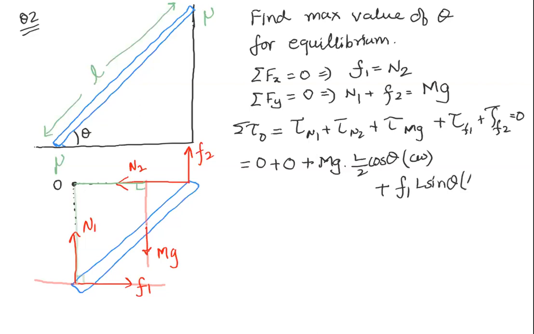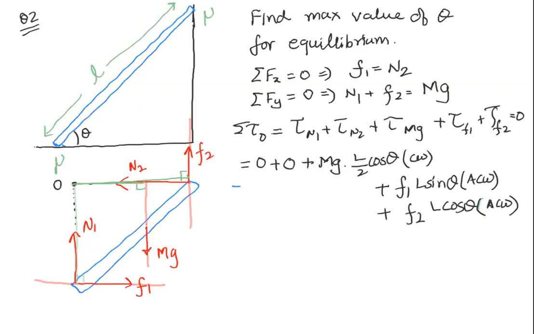This is anti-clockwise, plus F2 L cosine theta, right? This is easy to figure out. So here is the extended force, this whole thing is the perpendicular distance here, which is L cosine theta. And this is also anti-clockwise. Okay?